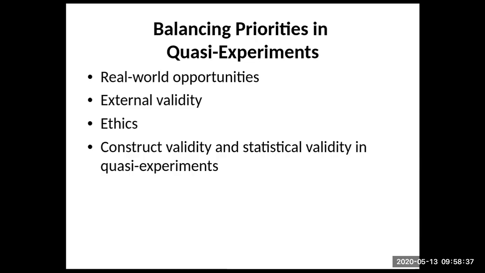So how do we balance our priorities? And are quasi-experiments still worth it? Well, I think I've been making my case that they are. In the real world, we have more chances of getting quasi-experimental designs than true experimental designs in a lot of different ways, because we are comparing two different groups of people who can only be in one group and not the other, right?